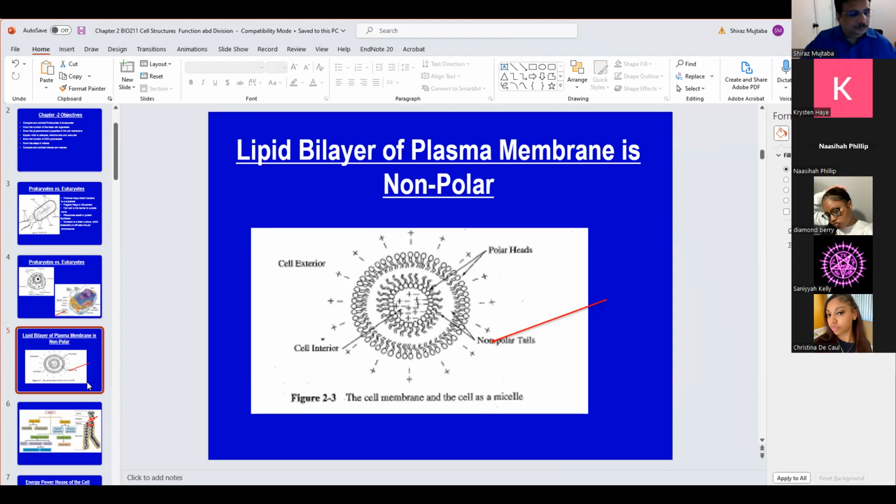All right. So as I mentioned to you, the plasma membrane is the first covering beyond the cytoplasm. In a typical bacterial cell, going from outside to inside, there can be a capsule, then the cell wall, and then the plasma membrane.